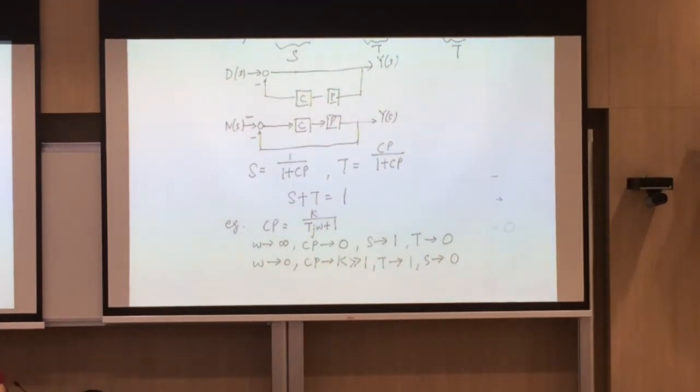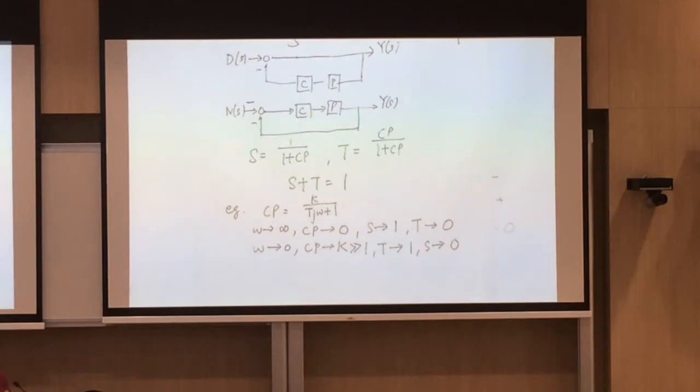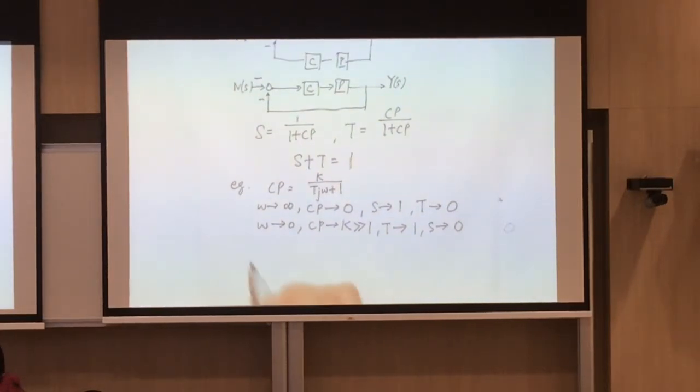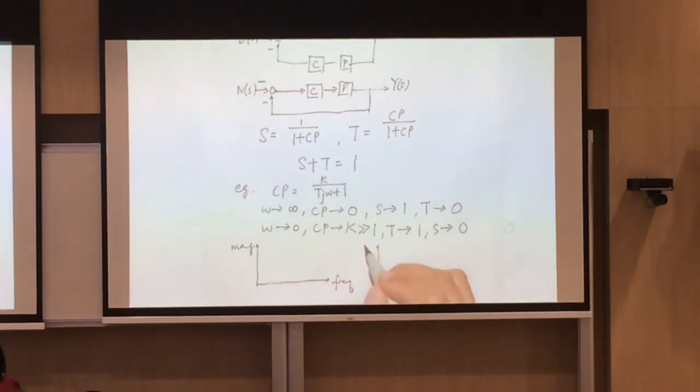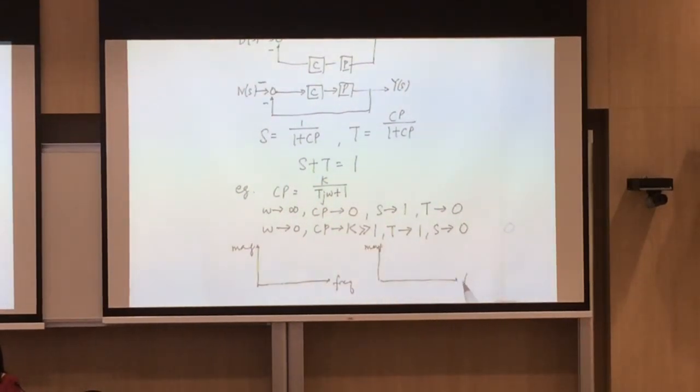So if you were to draw a plot of S and T, what do you want to see? For S, where omega is small, S starts from 0.